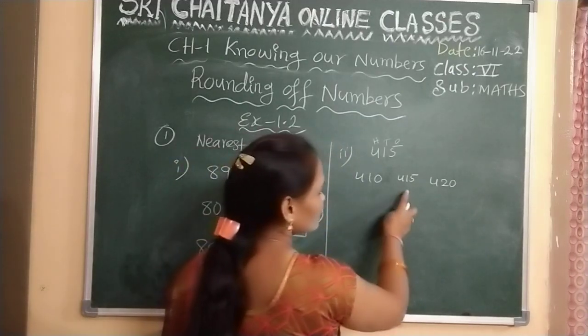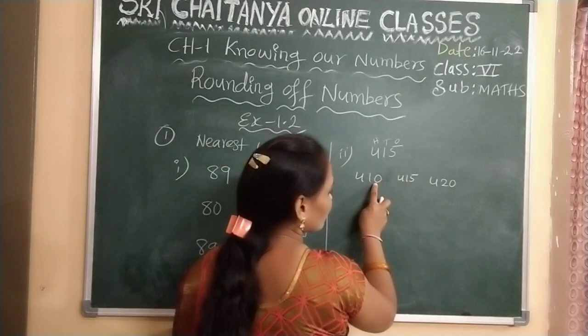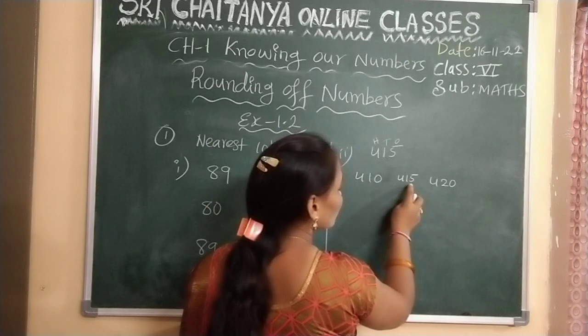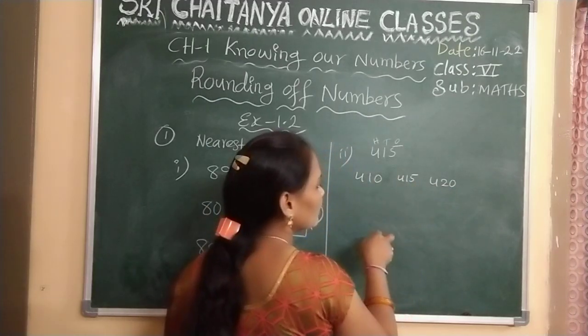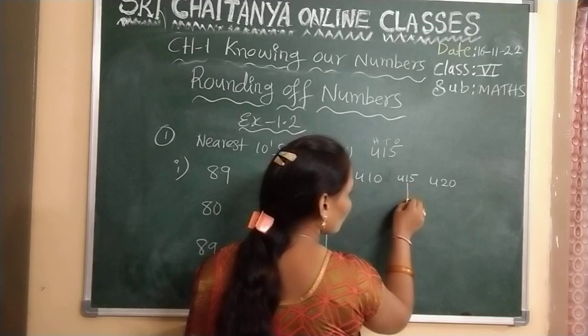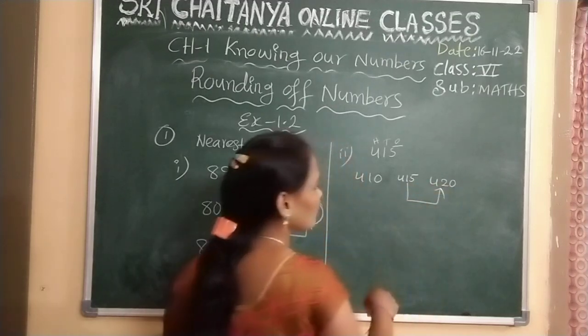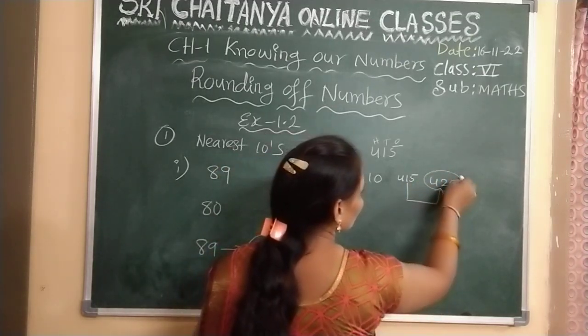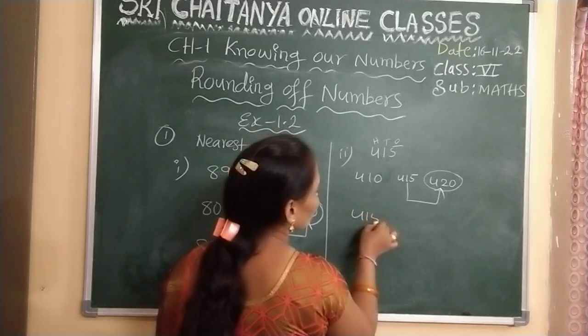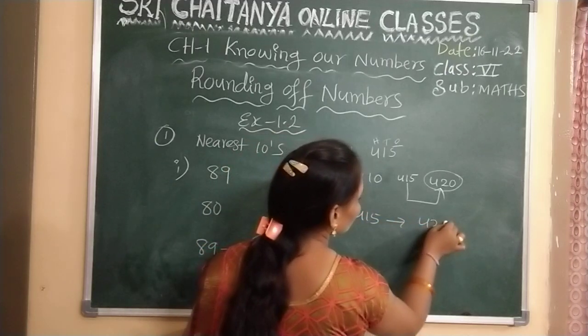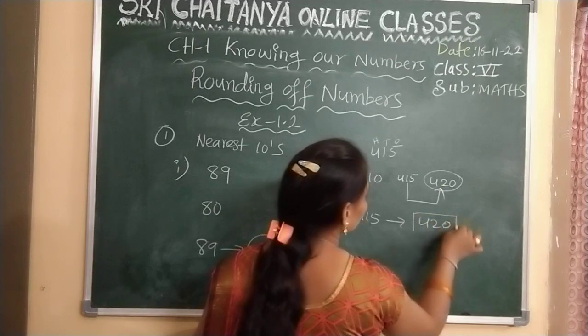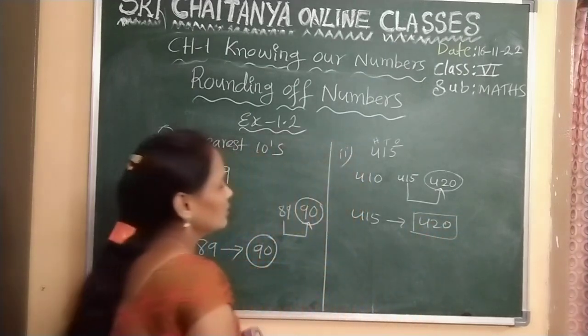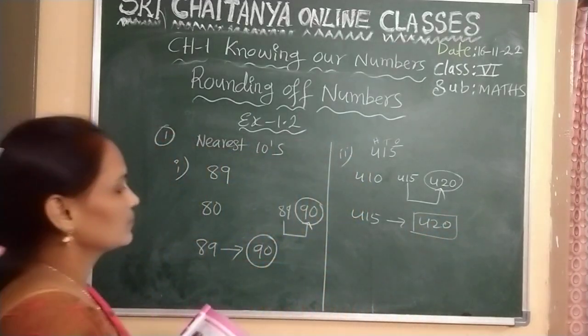Now it is exactly in the middle, between 10 and 20. If it is exactly the middle number, then we go for the next number. So the rounding of 415 is 420, its nearest tens is 420.